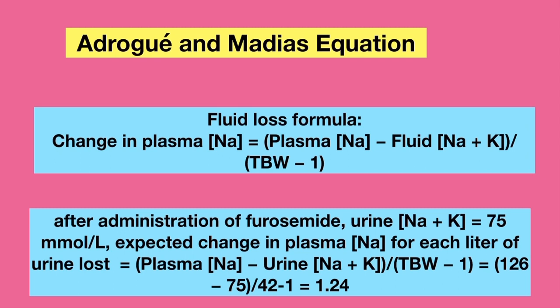In this patient, the loss is equal to 75 millimoles per liter. So the expected change in plasma sodium for each liter of this urine loss equals the plasma sodium minus urine sodium plus potassium concentration, divided by total body water minus 1. This is equal to 126 minus 75, that is the urine sodium and potassium concentration, divided by 42 minus 1. That is equal to a 1.24 milliequivalent change.